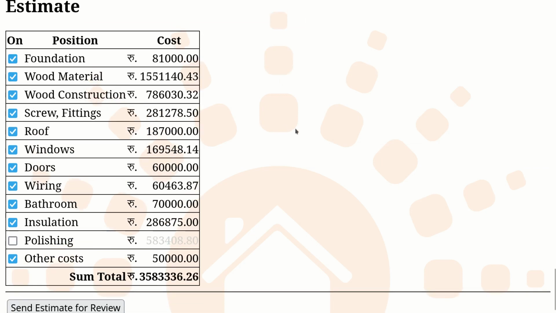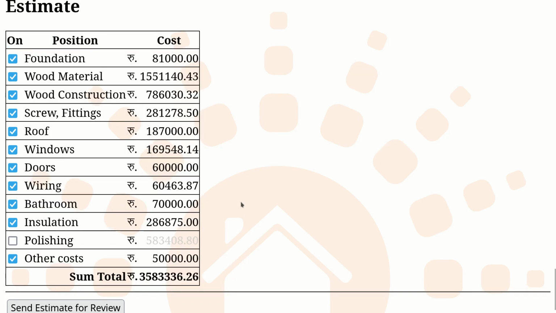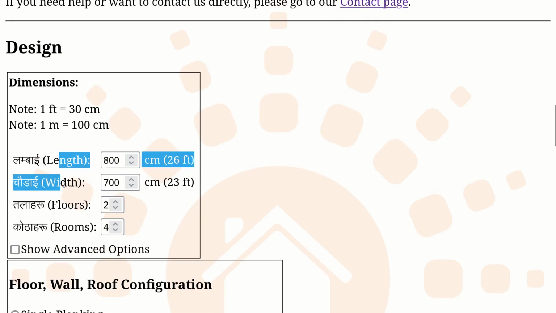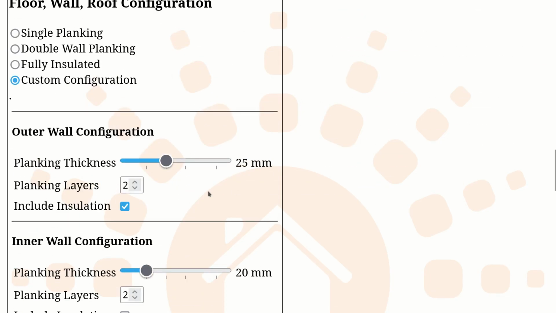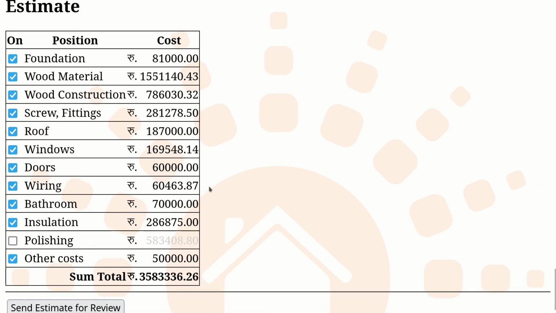And then the estimate. So this is a rough estimate based on the details that you entered above, like the dimensions, length, width, floors, and so on. Here you can even choose what positions you want to have included.